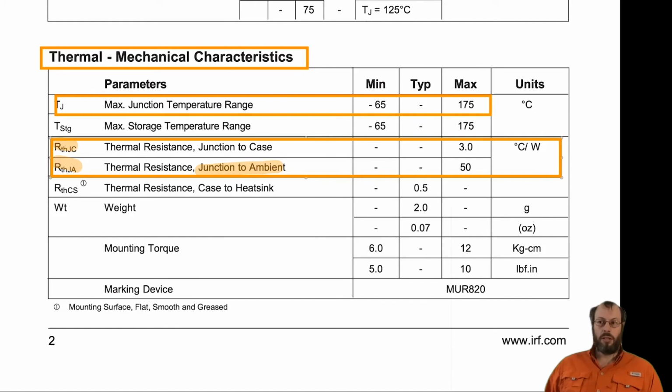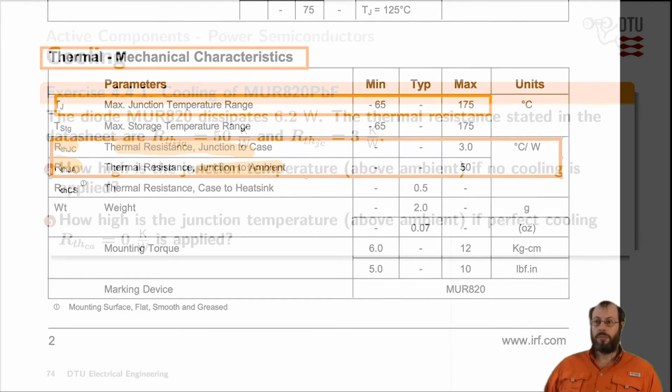The junction to case temperature is giving the so-called inner thermal resistance of the device only, and it can be used to calculate the thermal chain when attaching other cooling devices like heat sinks or having an isolation in between the device and the heat sink, and then using their thermal resistances to calculate the overall stack.